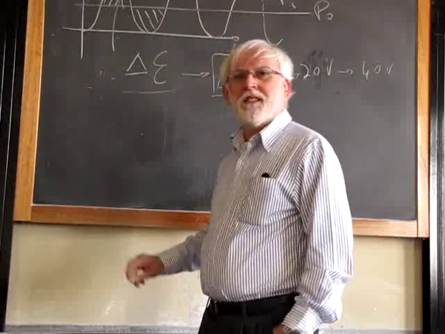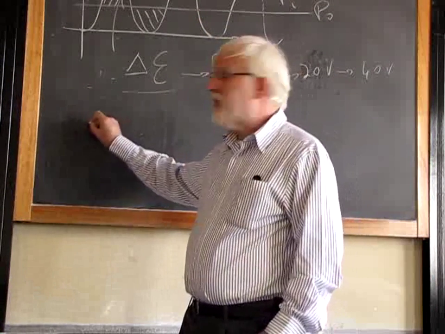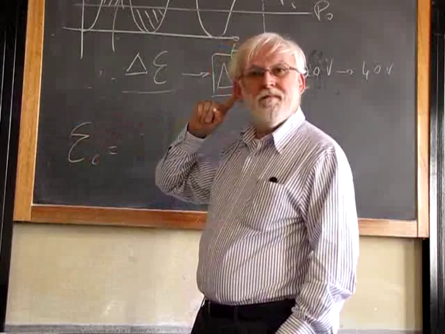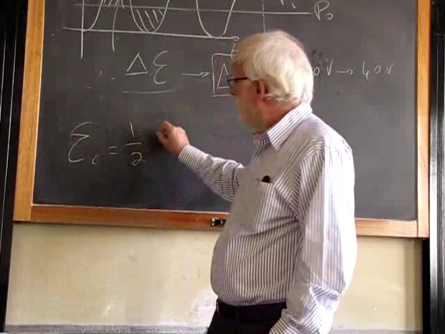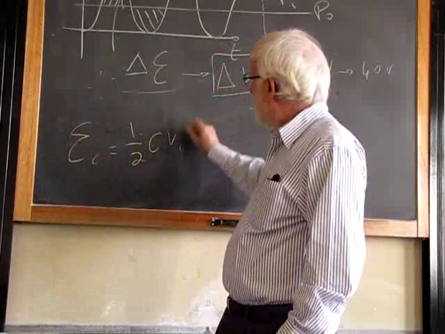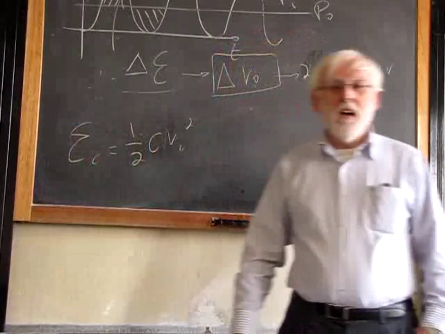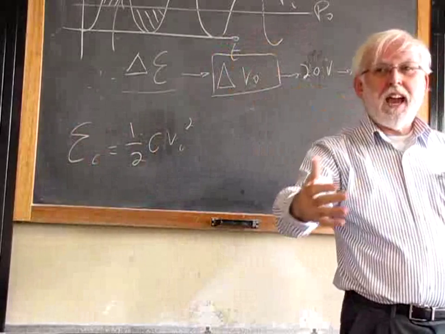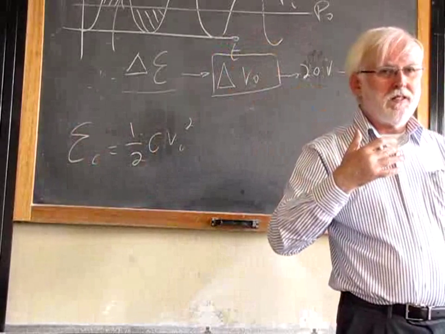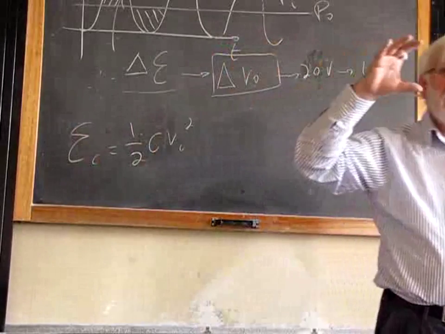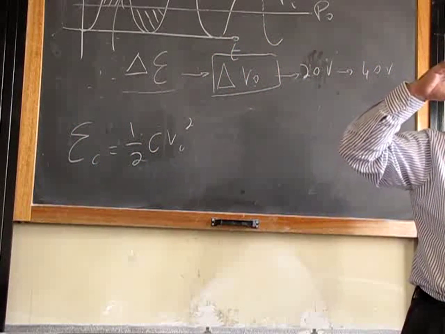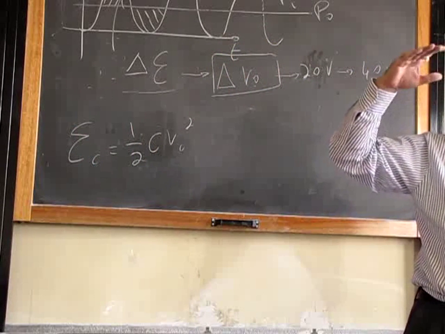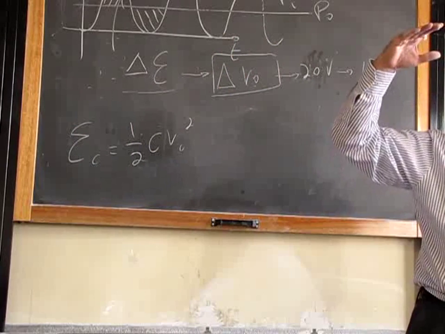How much energy is stored in a capacitor? One half C times Vc squared. Be careful, I don't want to store energy and remove all the energy from the capacitor. I want my capacitor to have just a small ripple, swinging up and down from 370 volts to 200.